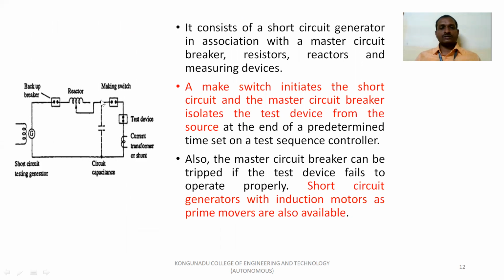When the making switch is closed, it initiates the short circuit test, and the master breaker isolates the test device from the source at the end of the predetermined time set on the test sequence controller. Also, the master circuit breaker can be tripped if the test device fails to operate properly, so automatically the master breaker protects the circuit. Short circuit generators with induction motors as prime movers are also available.